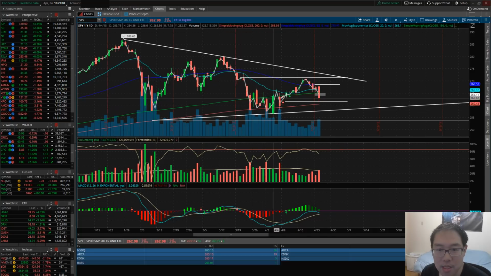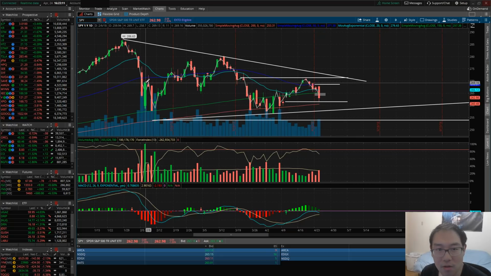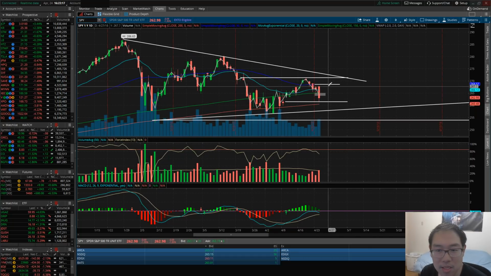So this is not a confirmation yet. Even when we first dropped down and it got pulled up, that still wasn't a confirmation, because we actually had to retest the bottom again before we got pulled up. So is this the bottom yet? I don't think so. It's doubtful.